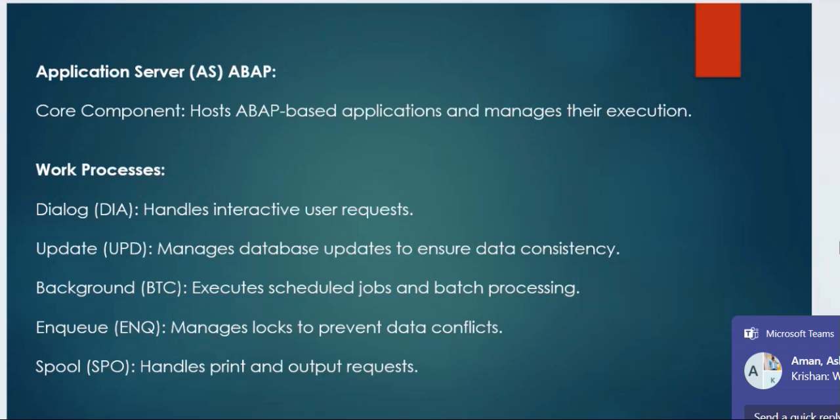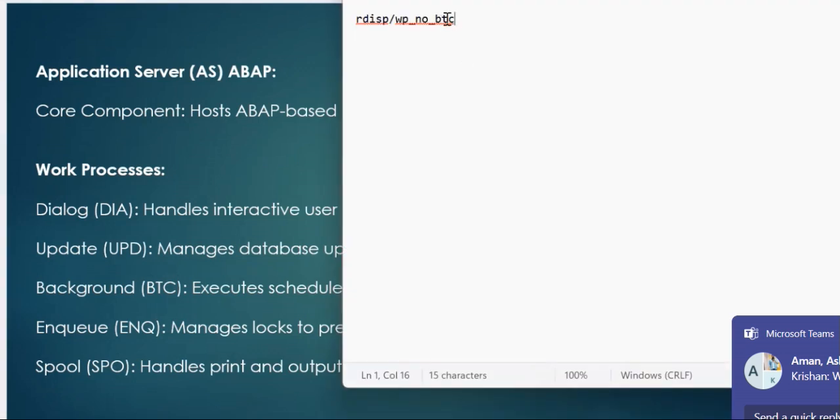The second one is our update work process. The update work process basically executes our update requests. We have one profile parameter, and by using this profile parameter we control the number of work processes. The parameter I'm talking about is rdisp/wp_no_ followed by the type; for update, we use vb.